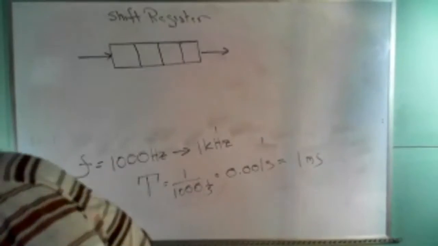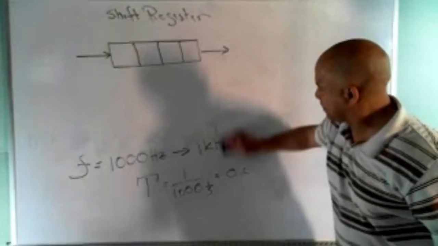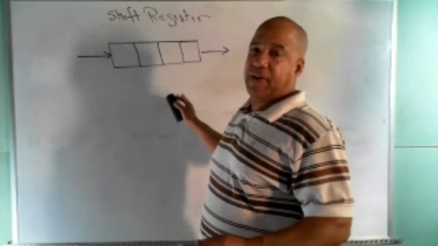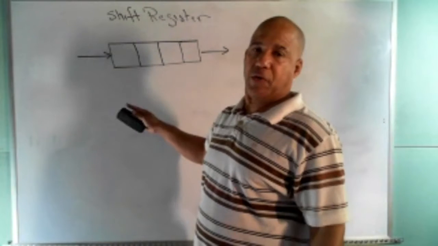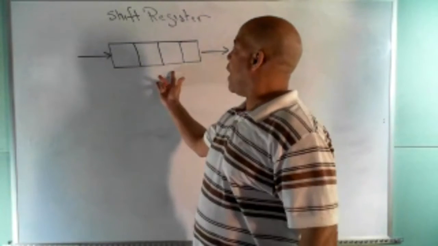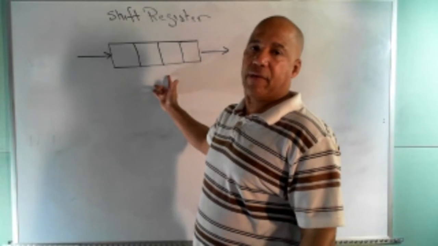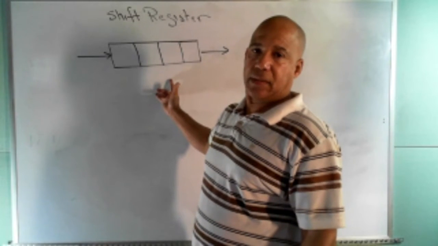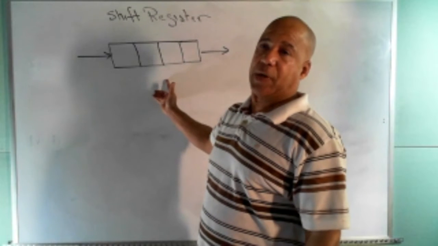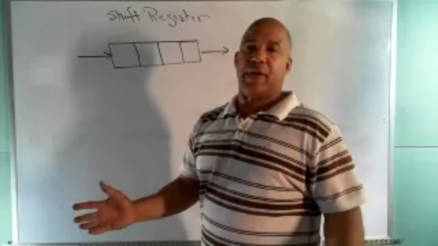Now I'm going to draw this a couple times. The way I'm drawing this, again, I'm simplifying. You probably won't have a shift register with 4 cells. A shift register will have many, many cells. But the smallest number you likely have would be 8. I'm not sure you can buy a shift register that small, but 1 bit you can't really do much with.